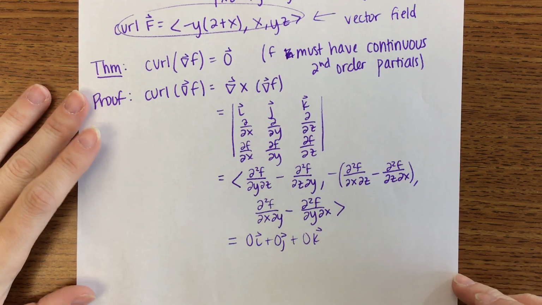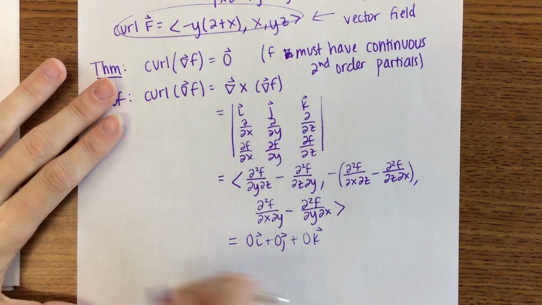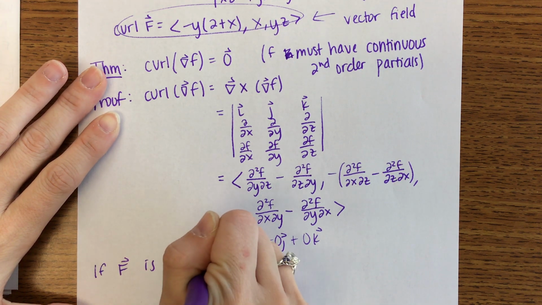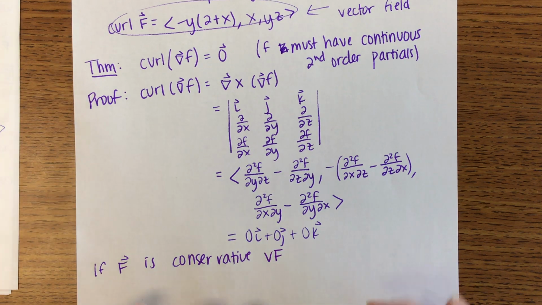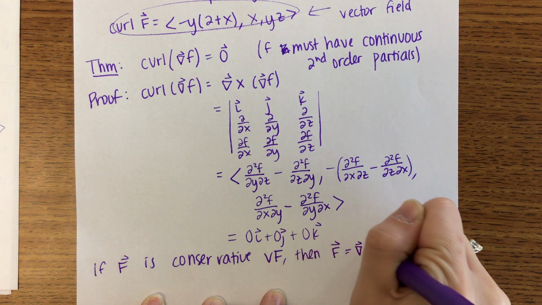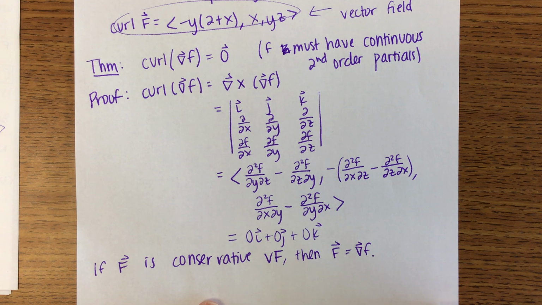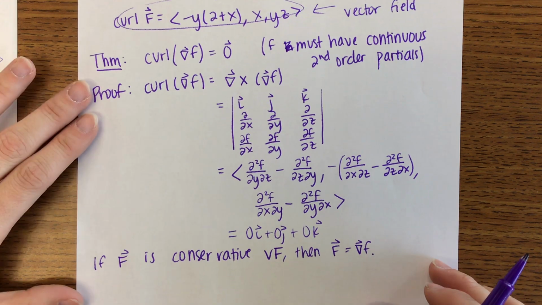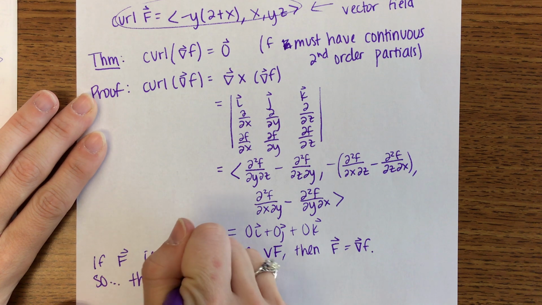So then the logical question here is, why do we even care about this? Why does that theorem matter? Here's why. If F is a conservative vector field, then we know that F is the gradient of some function little f. You guys agree? So we have a potential function. If we take the gradient of that potential function, we should get our vector field. So the theorem also says the following.